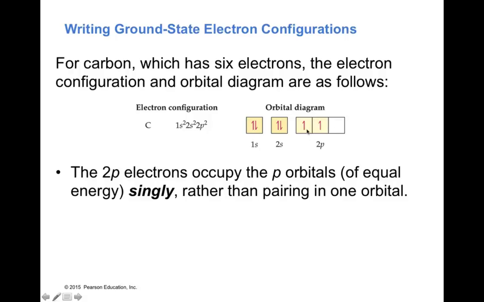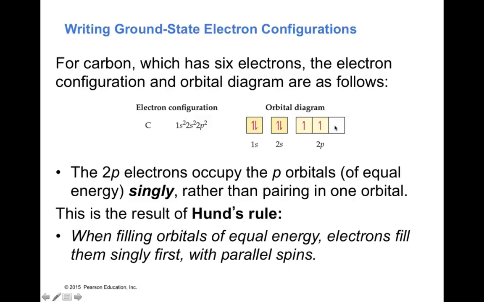But as we are filling them, we put 1 first in each one individually. If we don't have any other option, then we start to pair them. But as long as we have another option, we put the electron alone by itself. This is called Hund's rule. When filling orbitals of equal energy, electrons fill them singly first with parallel spins.